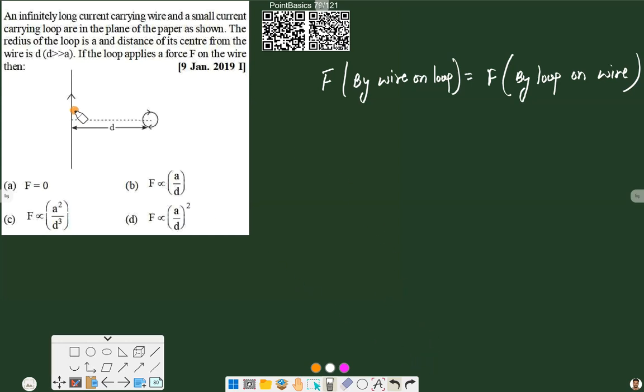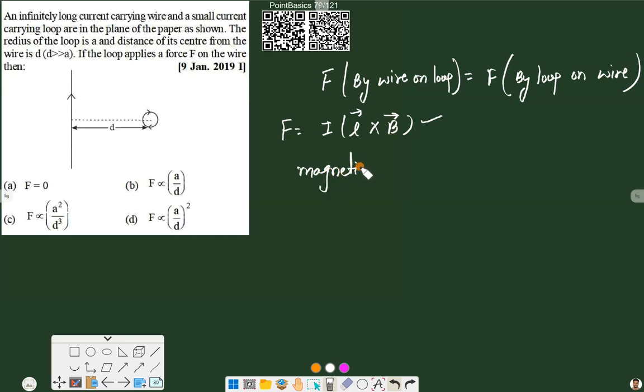This wire is exerting a magnetic field here, so we have a formula for the force on a current carrying conductor in a magnetic field, that is F is equal to I L cross B. But this formula does not apply to a closed current loop because this is not a straight conductor. We need a straight conductor, only then can we apply this formula.